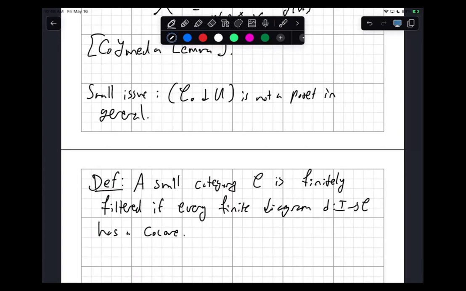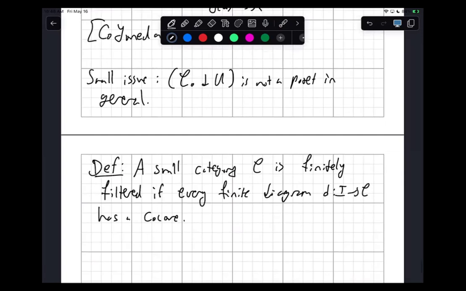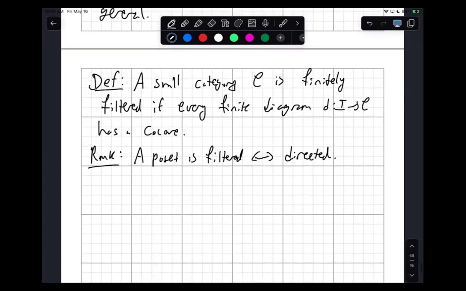So a filtered poset is exactly a directed poset. A poset is filtered if and only if it's directed. Okay. So filtered is a generalization of being directed to having a category rather than a poset.